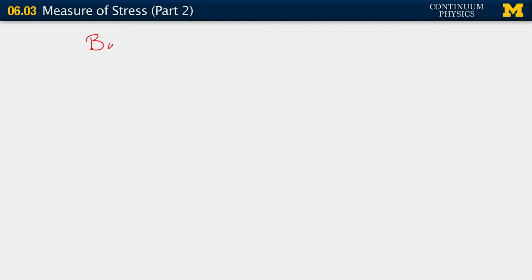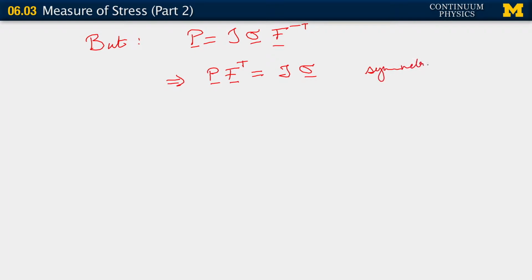But again, we have P equals J sigma F inverse transpose. So what this implies, of course, is that if we compute now P F transpose, which is equal to J sigma, this quantity is symmetric, clearly, because sigma is symmetric and J is just a scalar.